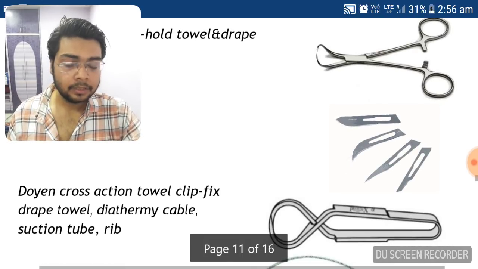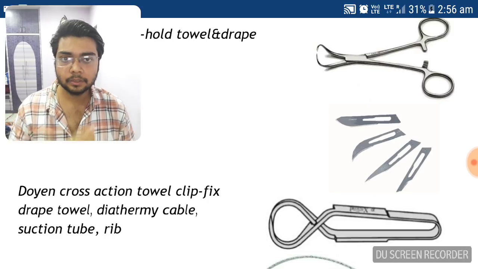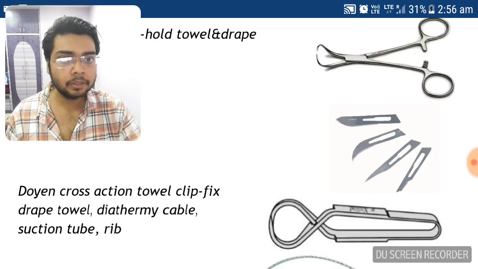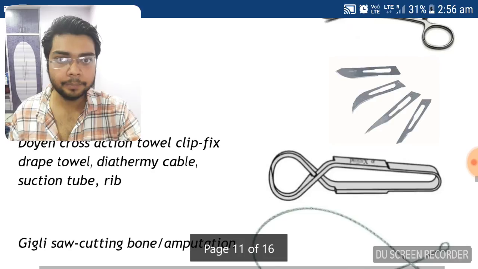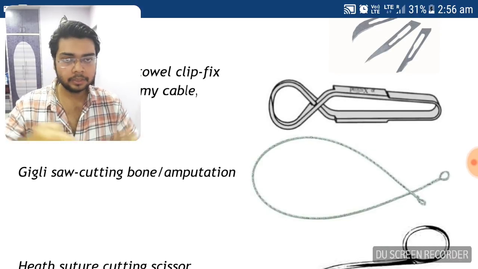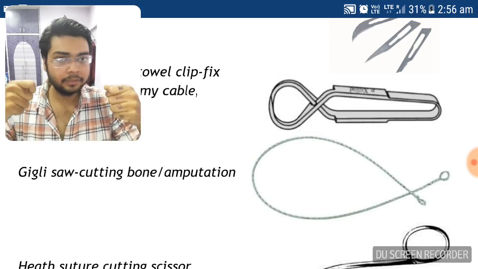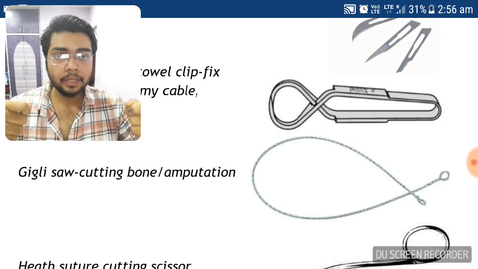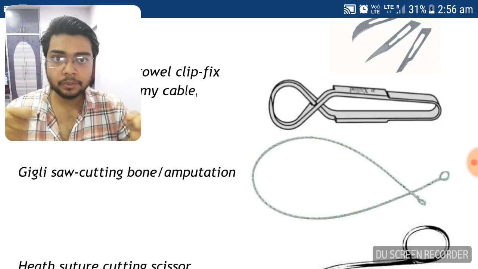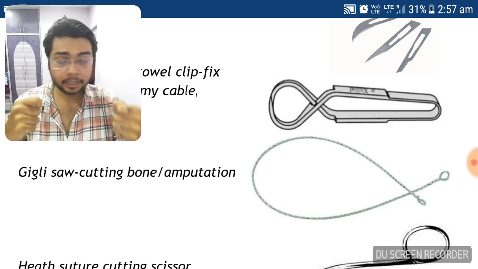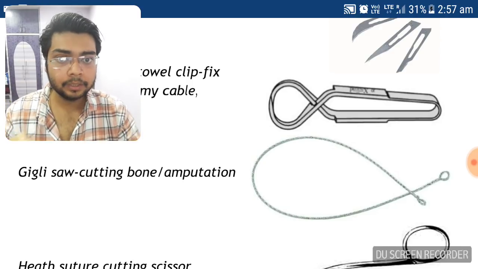I'll do it in a separate video, and if you can just Google it, it will be good for you. Doyen cross action towel clip. Gigli saw. This wire, don't get confused if they give you, because it's very useful. It's used in different types of surgeries to cut the bone and in amputation surgeries as well.